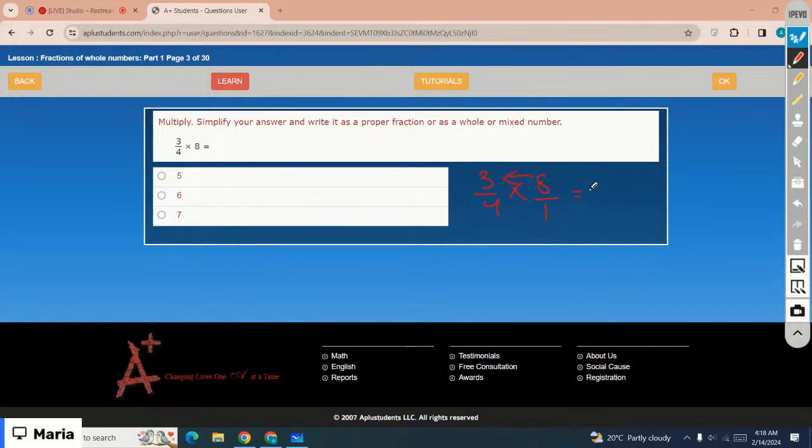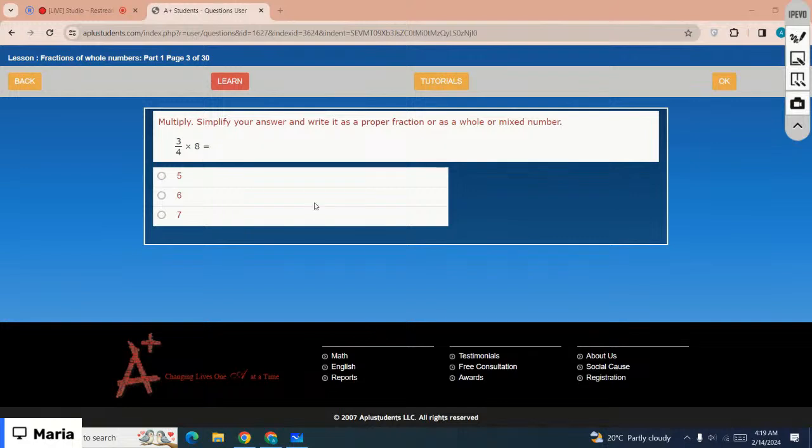You have to do numerator times numerator. 8 times 3 is 24, and 4 times 1 is 4. 4 times what number is 24? 4 times 6 is 24. So 24 divided by 4 is 6. Got it? Is there any question? The correct option is 6.